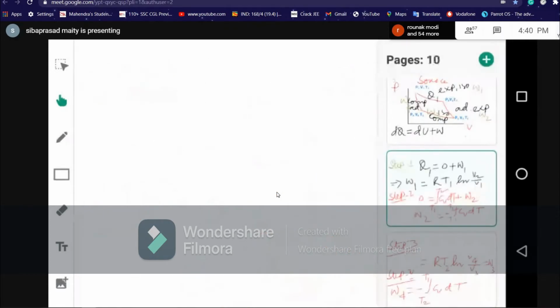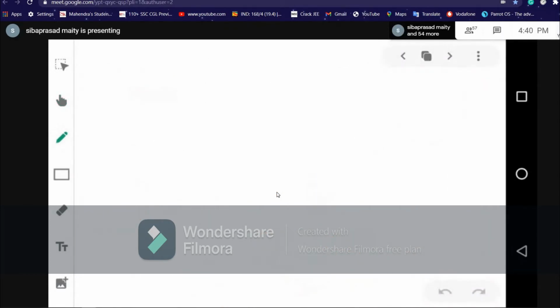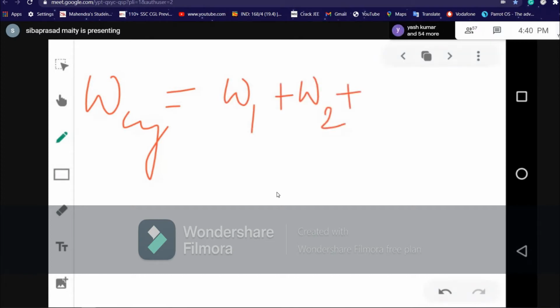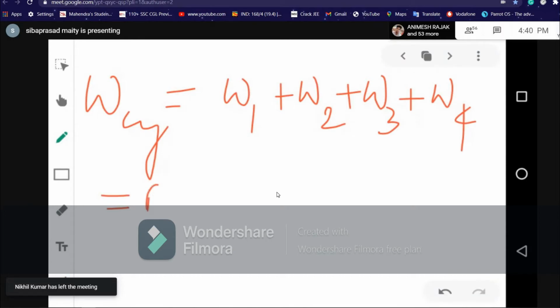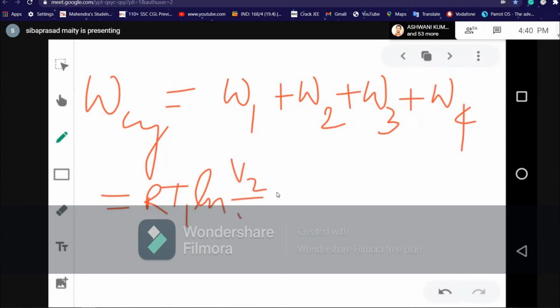Then what to do? You want to get the total work during the cycle, so we add all the work. W cycle equal to what? W1 plus W2 plus W3 plus W4. In the first one, it was RT1 ln V2 by V1, right? Then T1 to T2 CvdT, right?